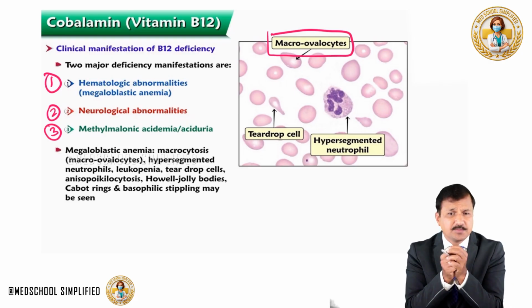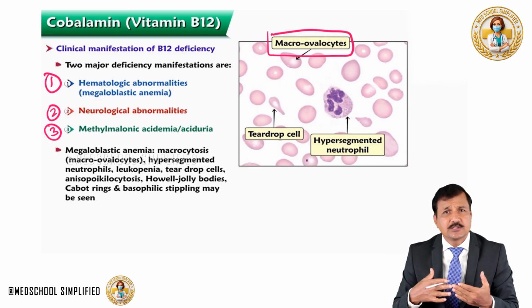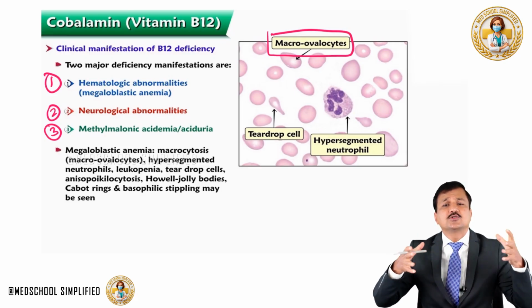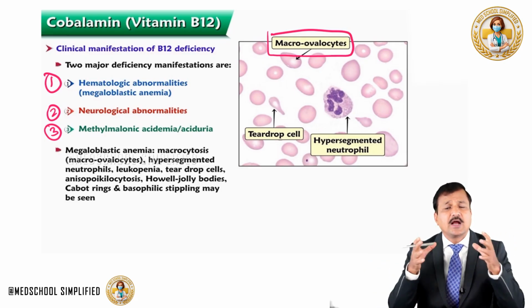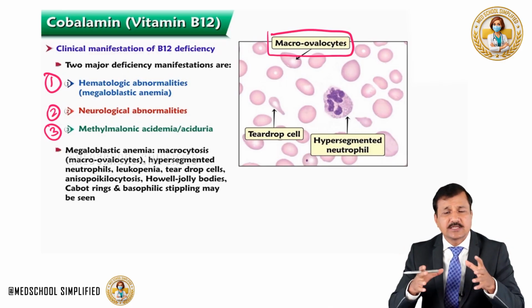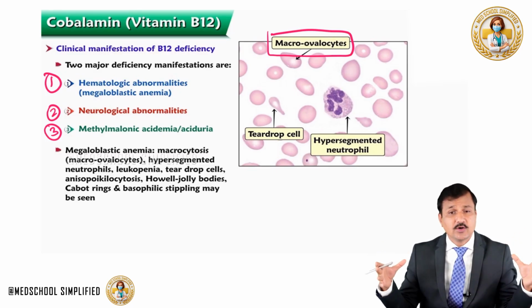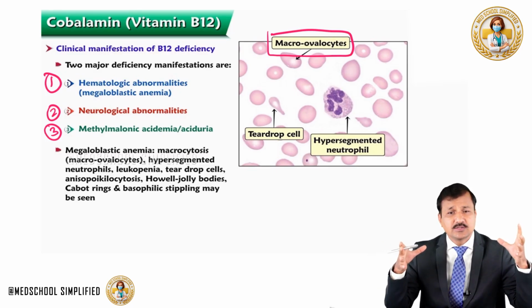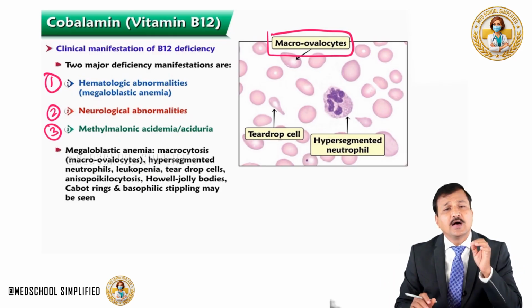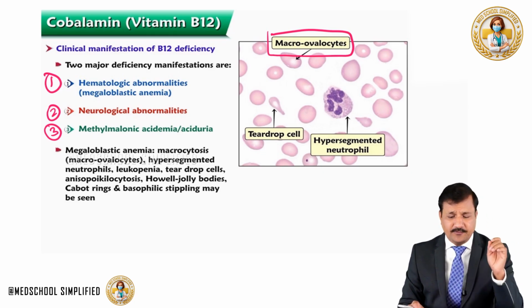So the nucleus becomes small, cytoplasm will be big, so it leads to nucleocytoplasmic disproportion, and that leads to big red blood cells and a small nucleus there. And that is what a megaloblast is, which is basically oval in shape. So macro-ovalocytes are one of the findings that you see in megaloblastic anemia, which is seen in cobalamin deficiency, and is also seen in folate deficiency.